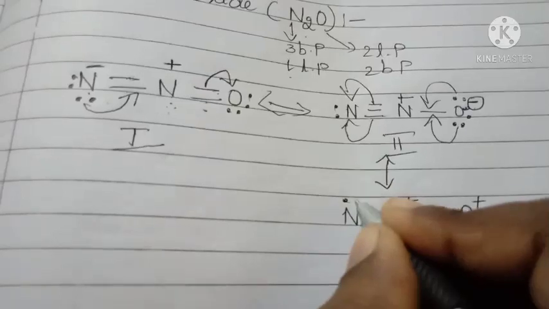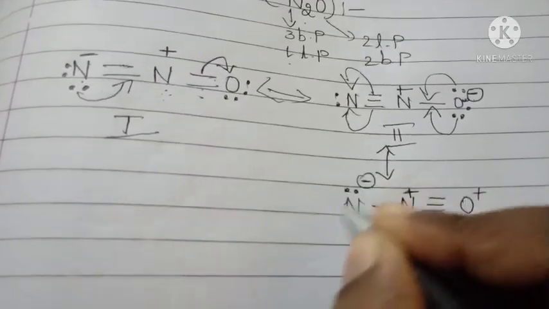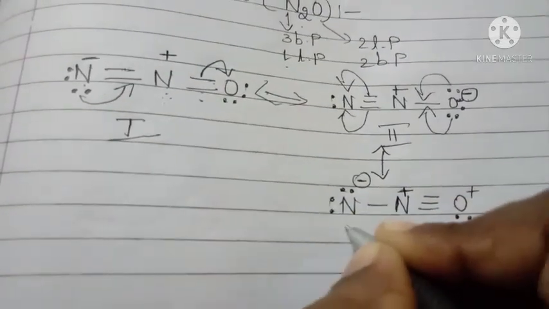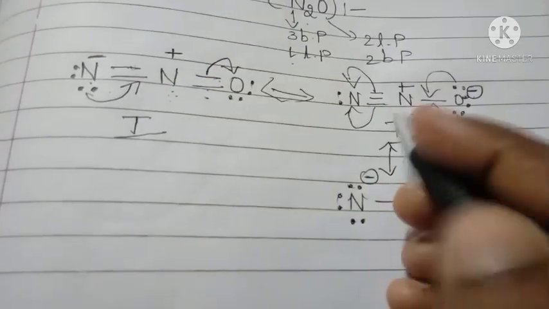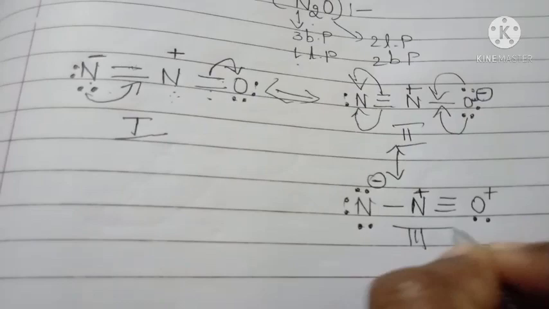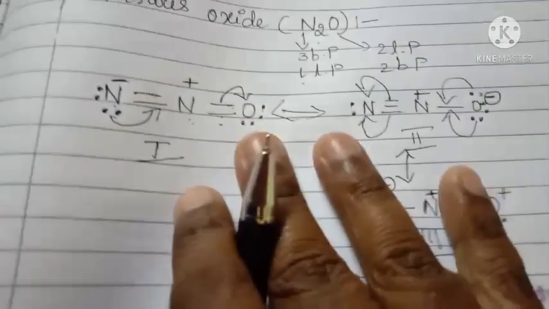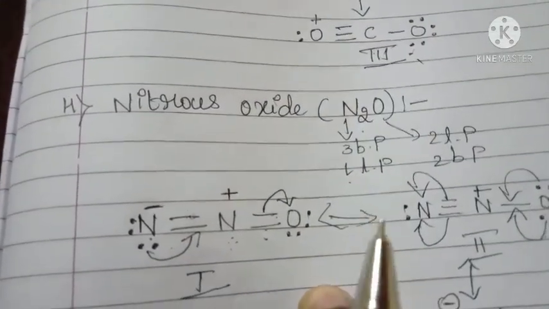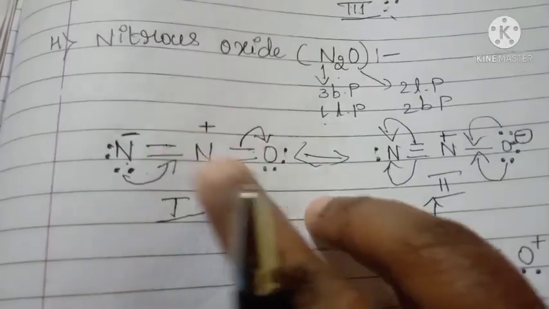This nitrogen carries a negative charge, and it has 3 lone pairs, because these 2 bond pairs should be converted to lone pairs. This is all about the resonating structures of nitrous oxide or dinitrogen oxide.